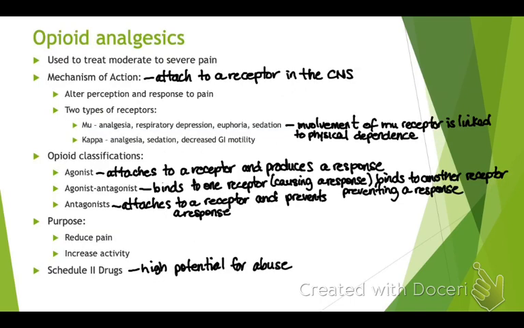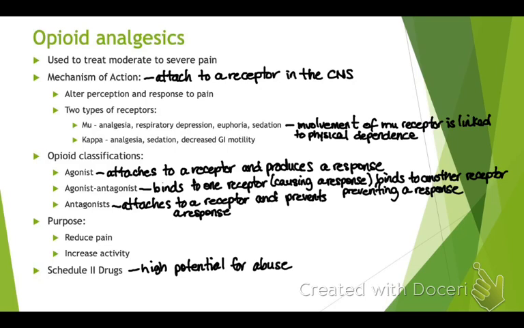Okay, so now we're going to start with opioid analgesics. These are meds that are used to treat moderate to severe pain. Their mechanism of action, usually they attach to a receptor in the central nervous system. They alter the perception and the response to pain.